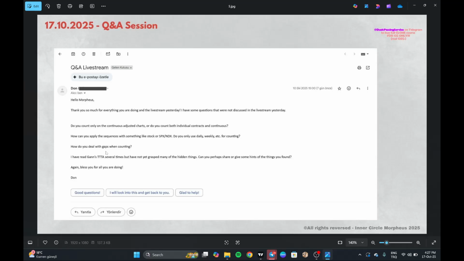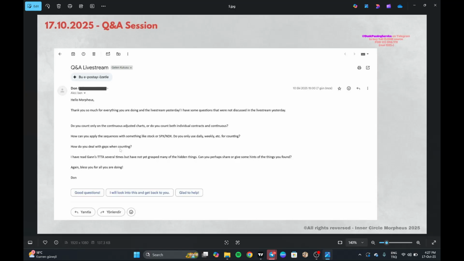How do you deal with gaps when counting? Yeah, I ignore the gaps while counting because, focus on the teachings. Remember the teachings I have done so far.